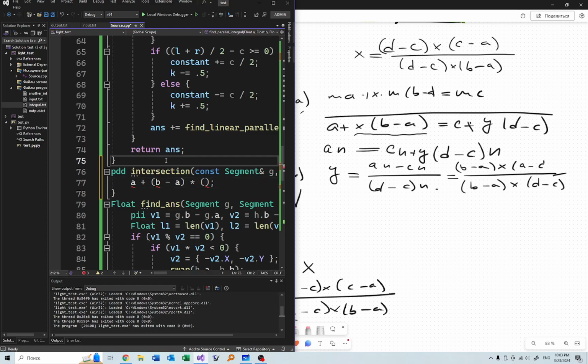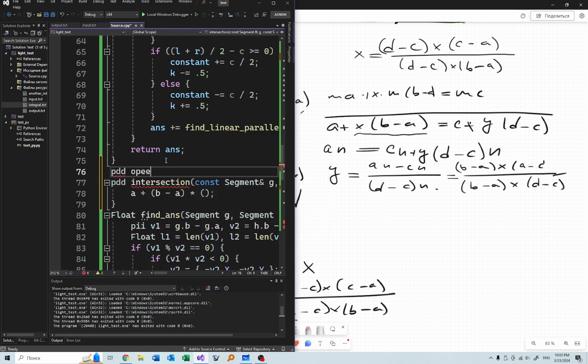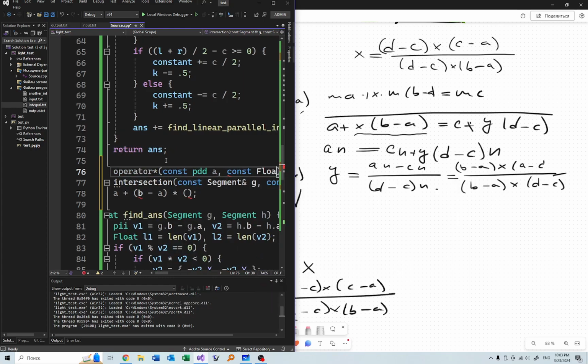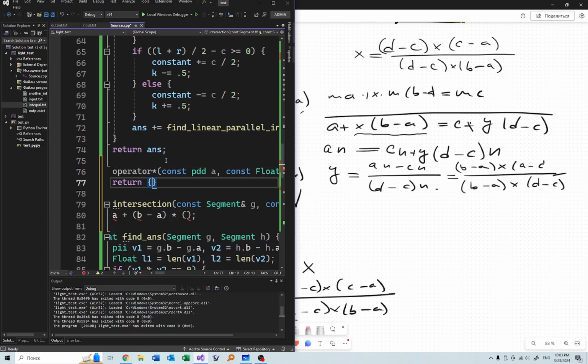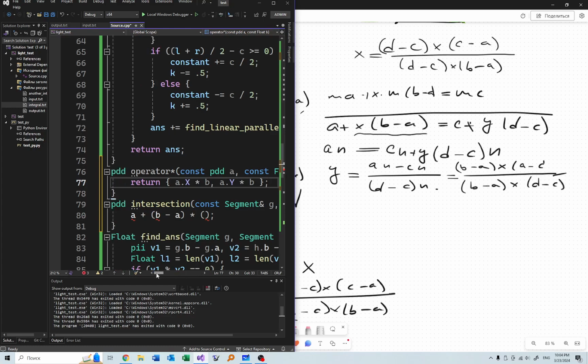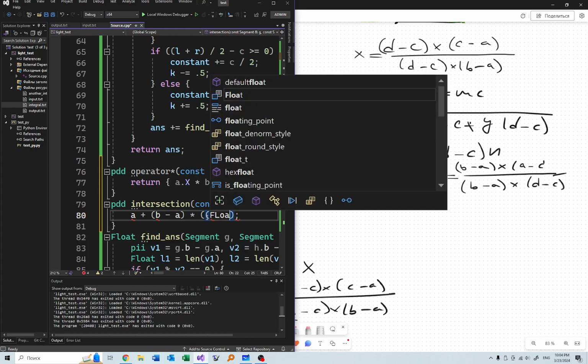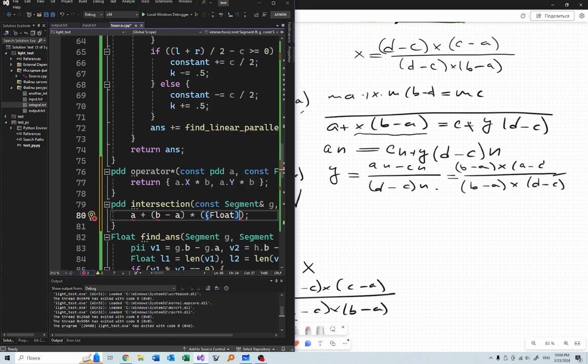So first of all, we need to multiply a vector by a number. Also, we need float something divided by something.